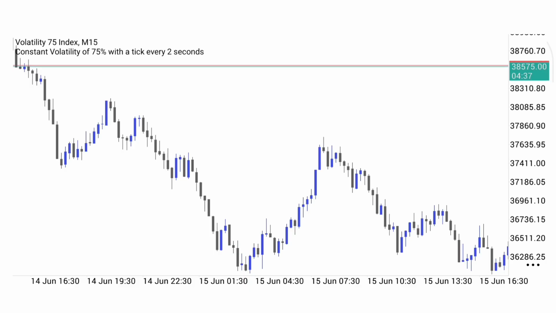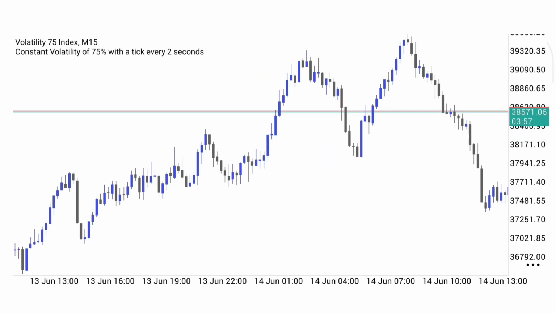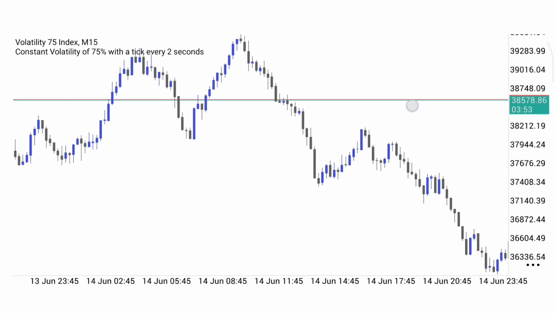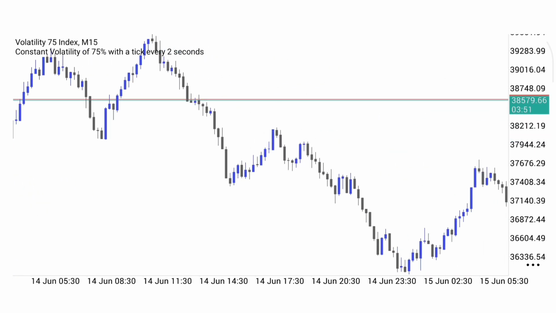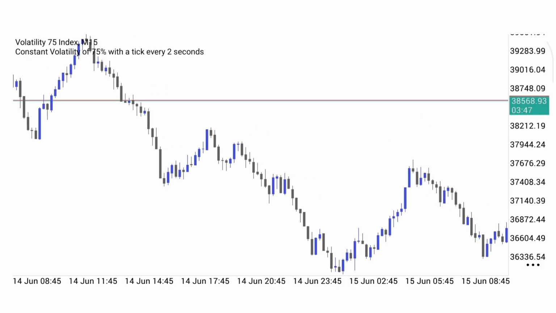It is one of the strongest synthetic indices that we have been trading for a very long time. And you know why? Because it is very, very simple. It helps a trading strategy to work effectively because it is very, very volatile among all these trading assets. And that's why we like to trade them.